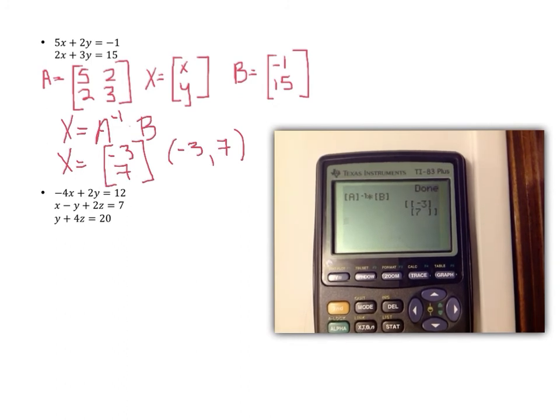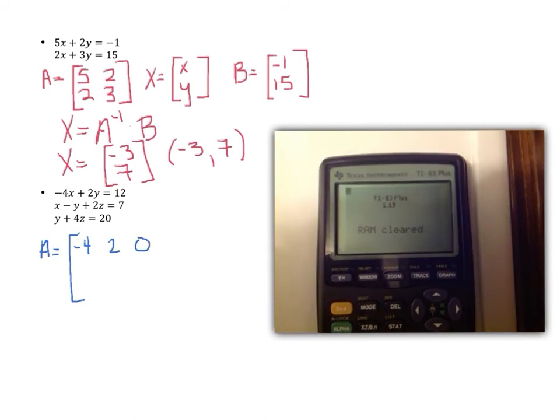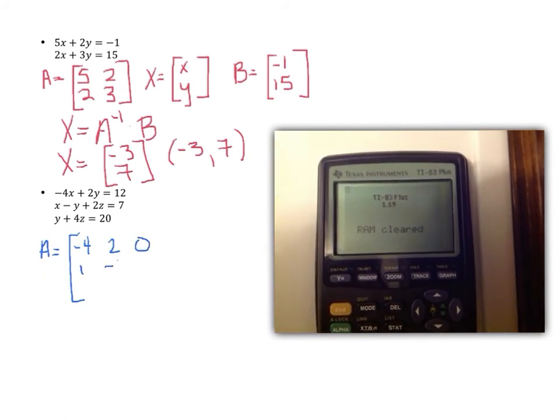This works exactly the same way with a 3 by 3 matrix. So we have matrix A. -4, 2. Do notice that there are z's going on here, but this equation doesn't have a z, so we have to input a 0 for z. 1, -1, 2. And then on this last equation, there's no x, so we have to put a 0 for x.